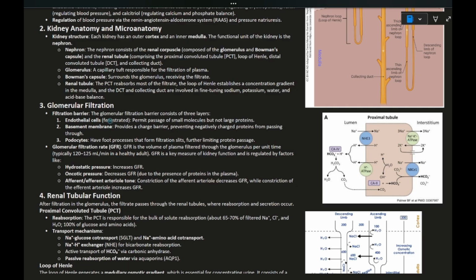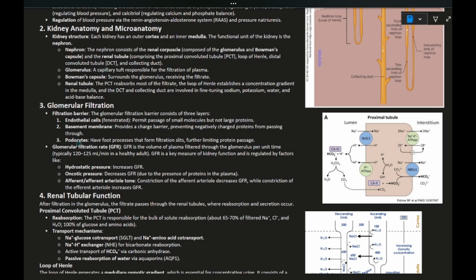cells happen to be fenestrated in their structure, which is important for permitting passage of small molecules, but not large proteins. The next layer we have is called the basement membrane. This one provides a charge barrier, and it is important because it prevents negatively charged proteins from passing through.